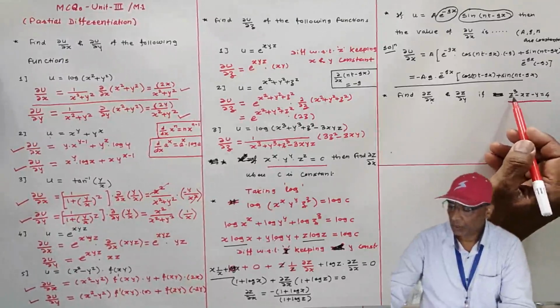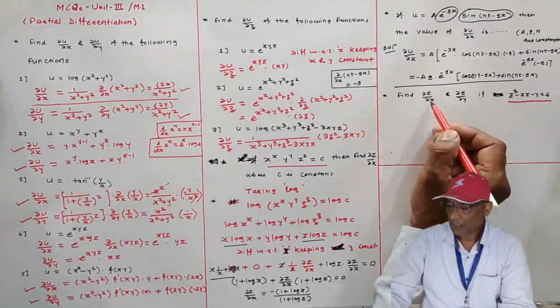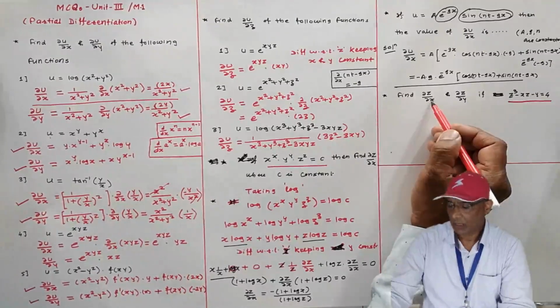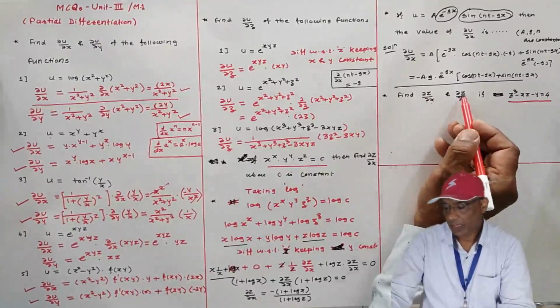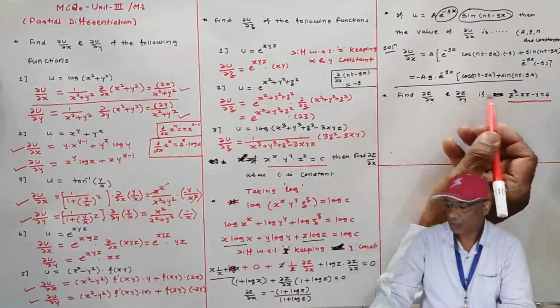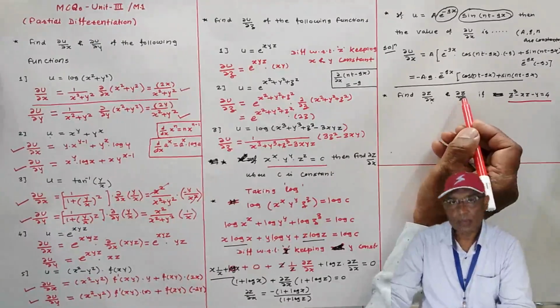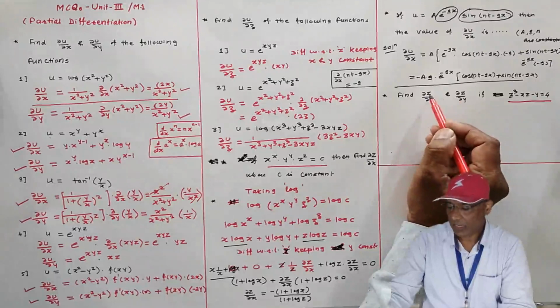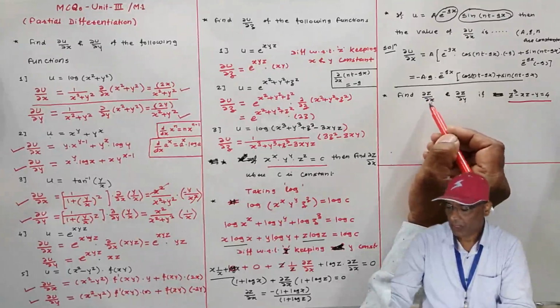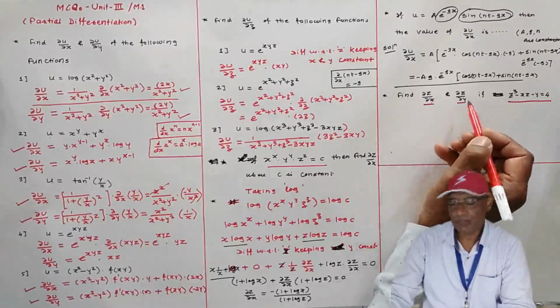In this case, when you take derivatives with respect to x, z should be treated as a function of x. When you are going to find del z by del y, you have to treat z as a function of y. Here in this case, z as a function of x you have to treat. Okay, these two differential coefficients are different.